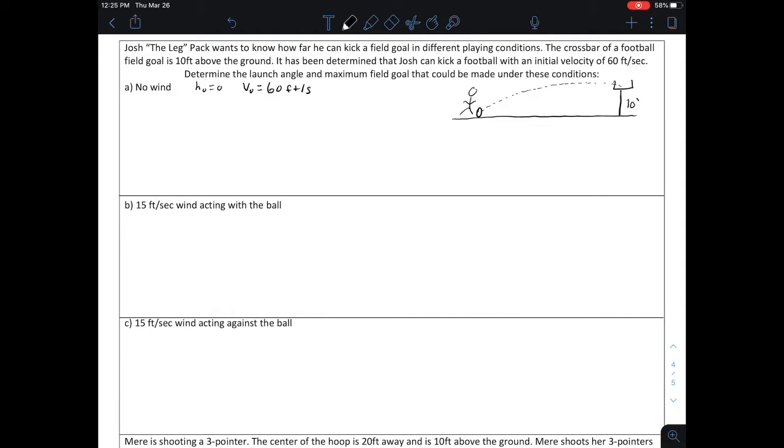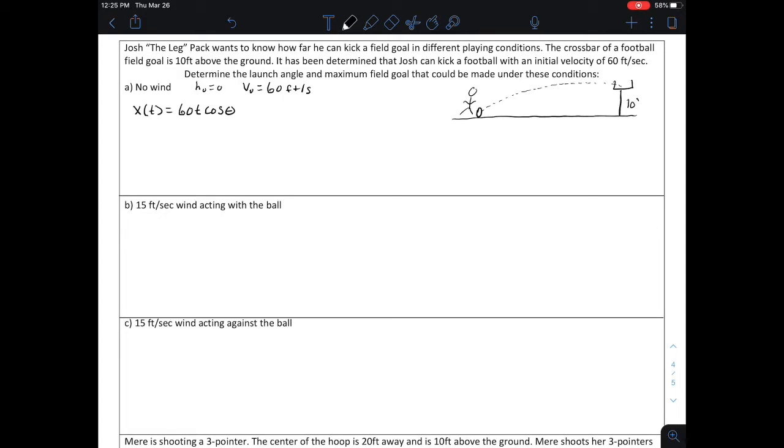Now, we're going to go ahead and set up our parametric equations here. So we know that parametrically we can define this motion as x of t is equal to initial velocity times t cosine of the launch angle.